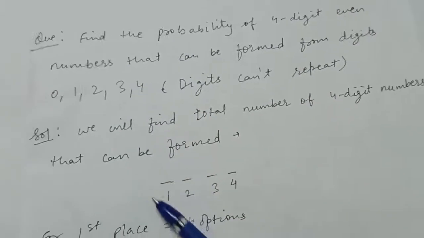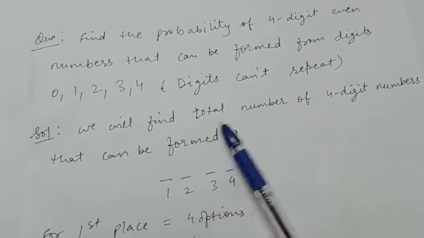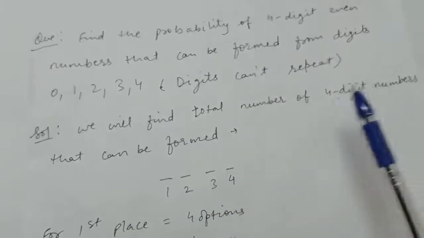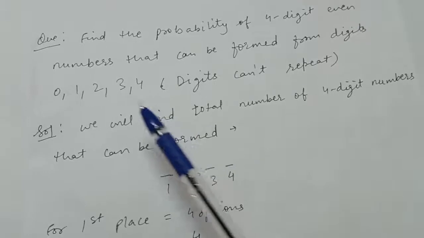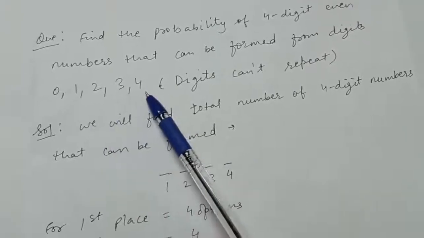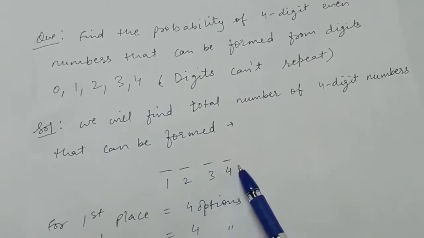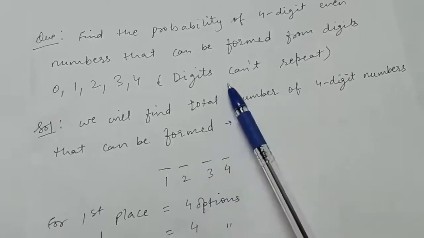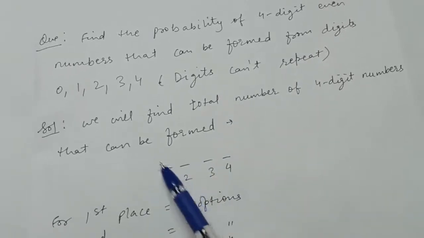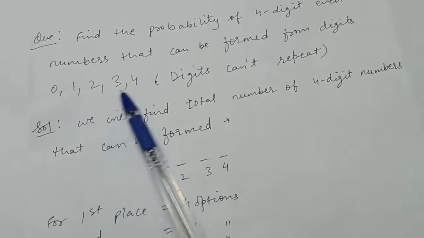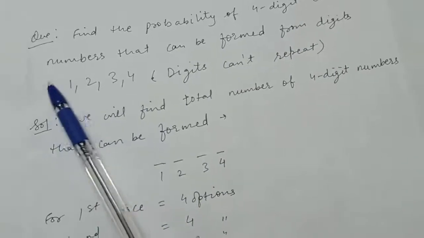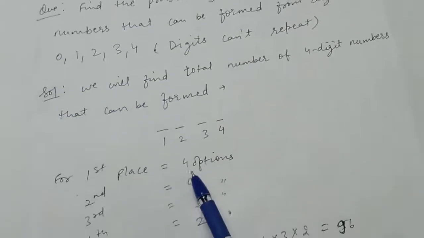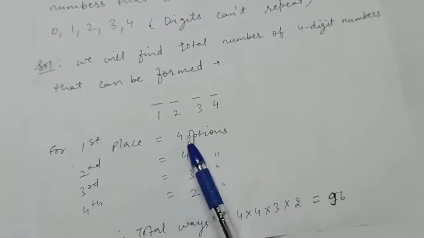So first of all, let us find the total outcomes, which is total number of 4-digit numbers that can be formed from the digits 0, 1, 2, 3, 4. So now see, we have 4 places. Digits can't repeat. Now for the first place, we can fill any of the digit but not 0. So for first place we have 4 options.